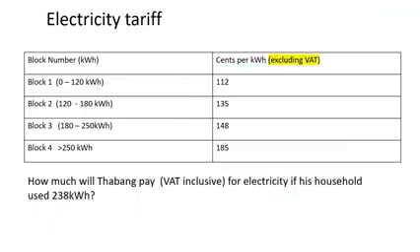Okay, this one says that this is the price excluding VAT this time, and it says how much will Tabang pay, VAT inclusive. So they want us to add the VAT. Don't forget that. For electricity, if his household uses 238 kilowatts. So 238 is over here, but we start over here first, so 120. Then to go from 120 to 180, that'll be 60.